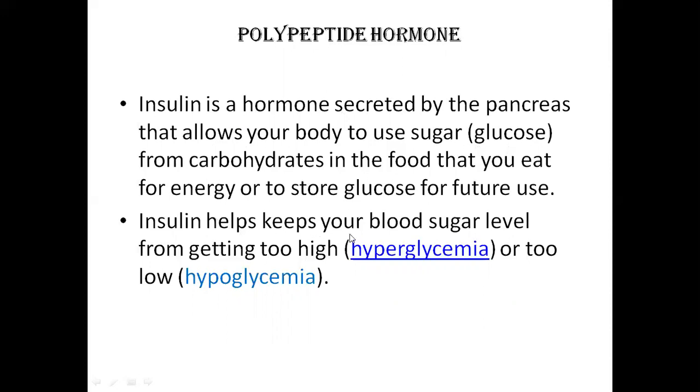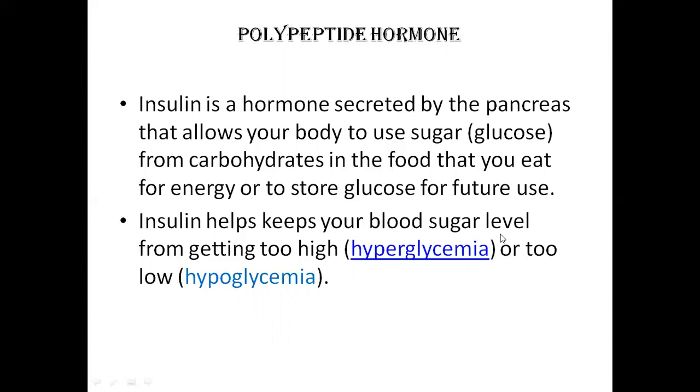Insulin helps keep your blood sugar level from getting too high, that is hyperglycemic conditions, or too low, that is hypoglycemic conditions. So generally, insulin is a hormone secreted by the beta cells of the pancreas when the blood sugar levels are too high.